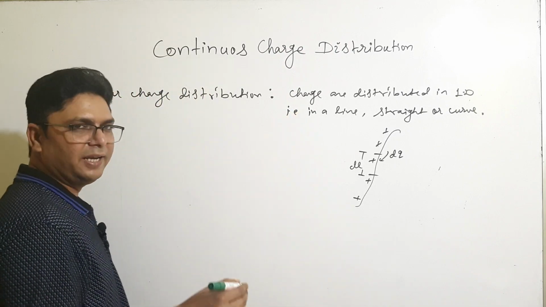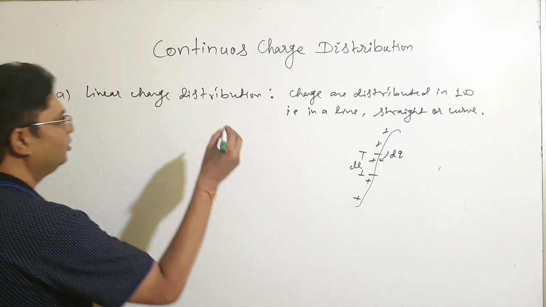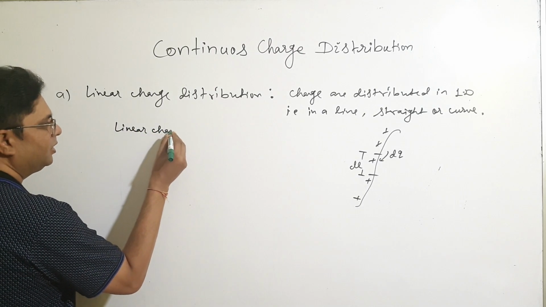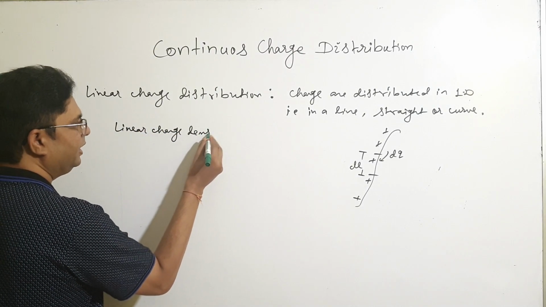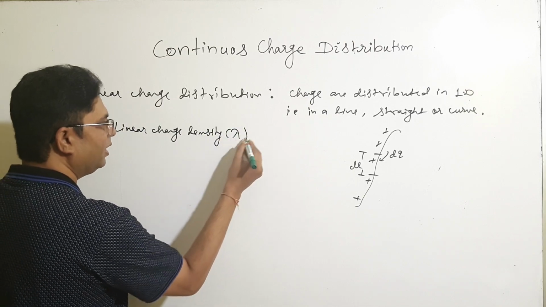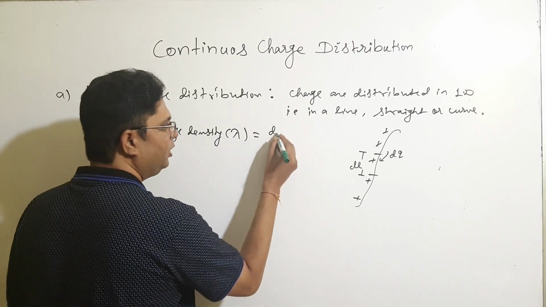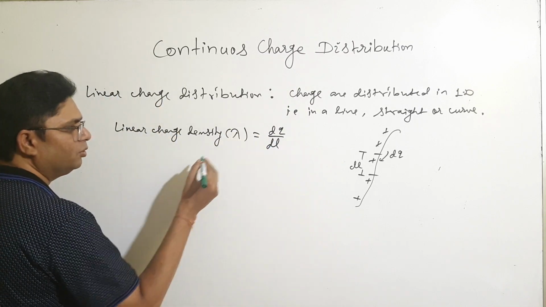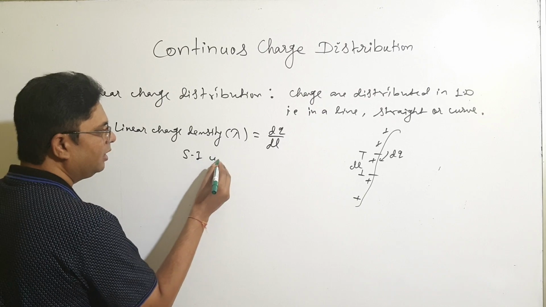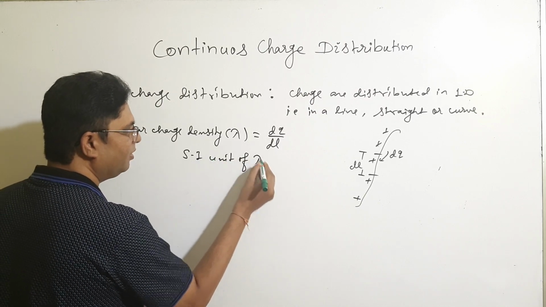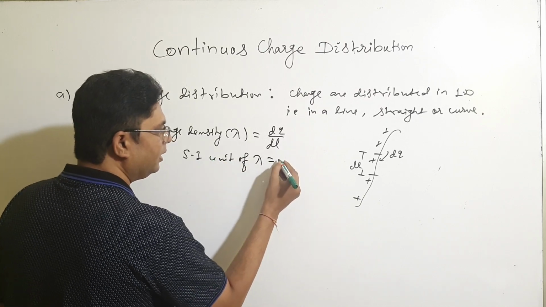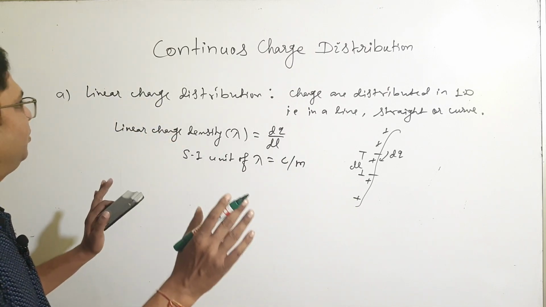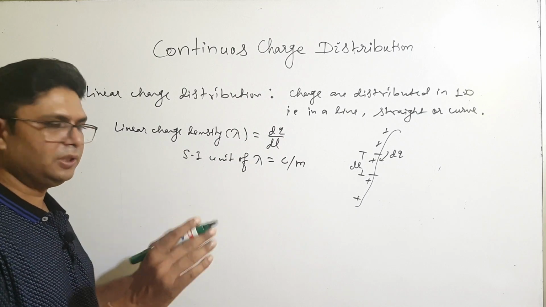So we will take here linear charge density, symbolized by lambda, and this is equal to dq upon dl, charge by length. So its SI unit of lambda is coulomb per meter. So this is said to be linear charge distribution.